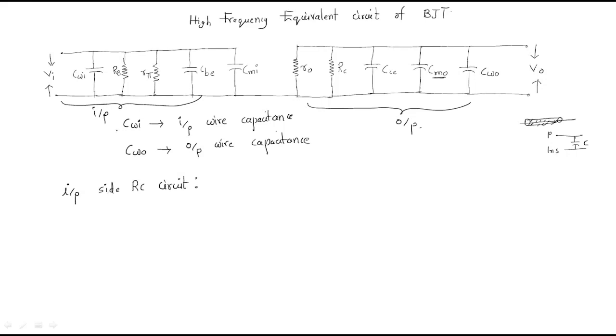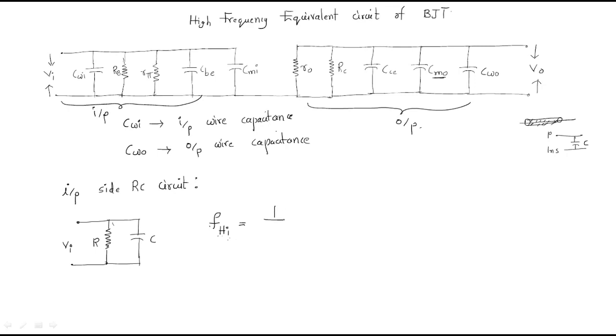So for the input side RC circuit I can write like this. R and C. So this is the R and this is the C. So here we can take the input voltage, R and C. Generally the input side high frequency, FHI, means the input side high frequency of the AC equivalent circuit value.